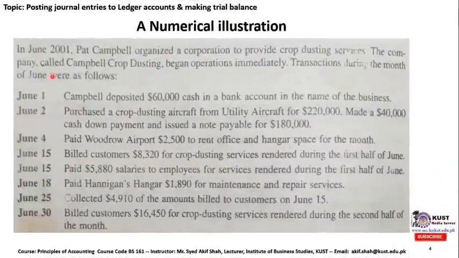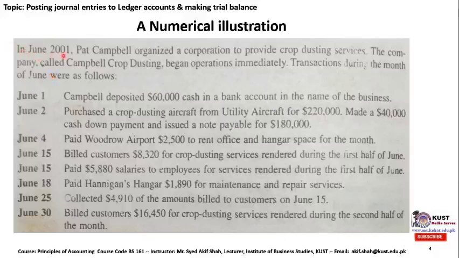Here we have a numerical illustration which will require us to complete certain steps pertinent to the accounting cycle. So let's start reading this illustration and understand how to journalize different transactions related to the month of June.